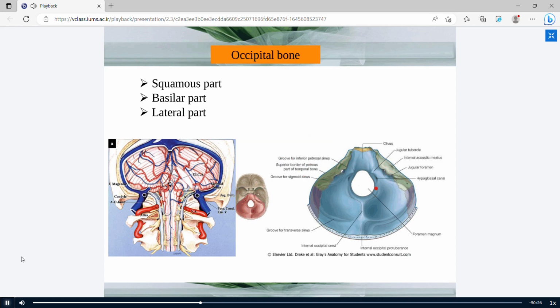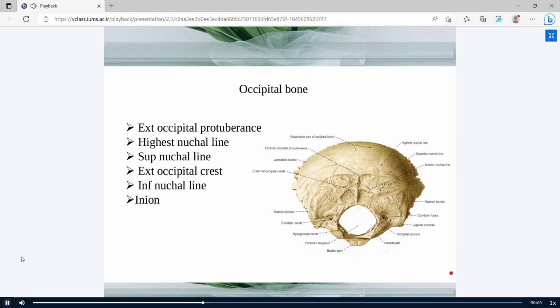There is a large foramen between these parts. The name of the foramen is the foramen magnum, for passing the spinal cord and the vertebral artery.